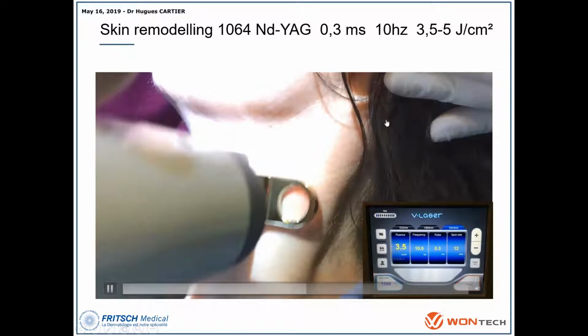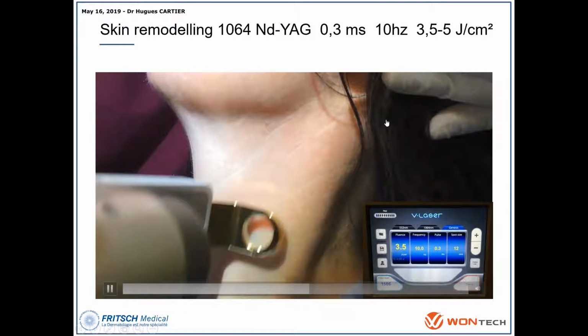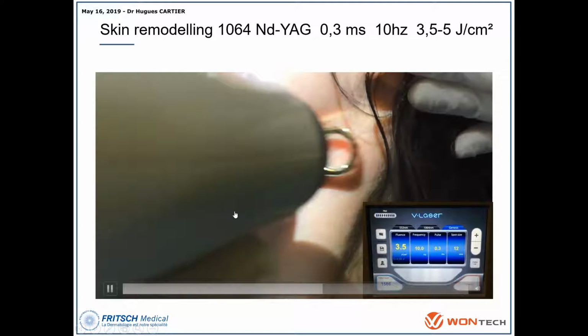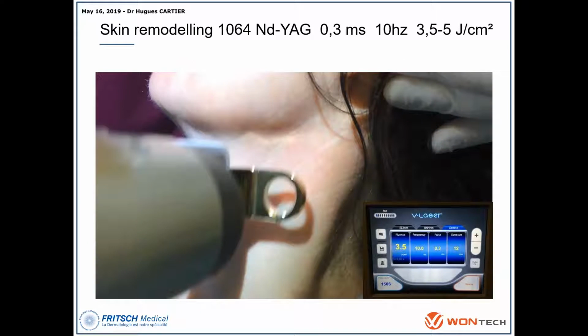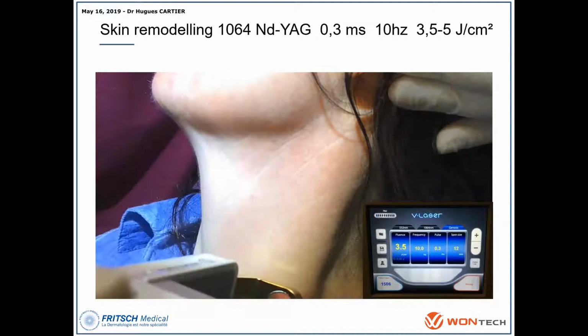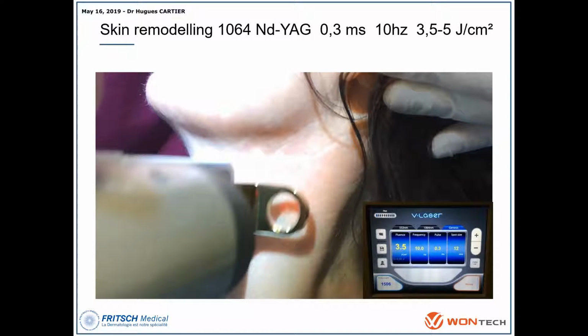So it takes time, and you have to explain to the patient. You have to keep moving, because if you stay at the same place, it could be painful. Be careful, it's also Nd:YAG. If you stay at the same place with a lot of shots, you could have too much thermal effect, which is not the purpose of the procedure.